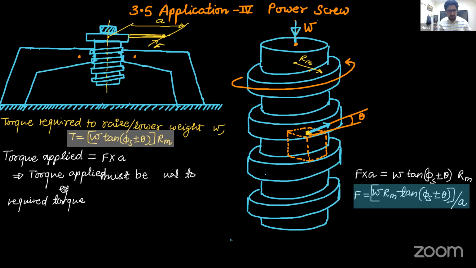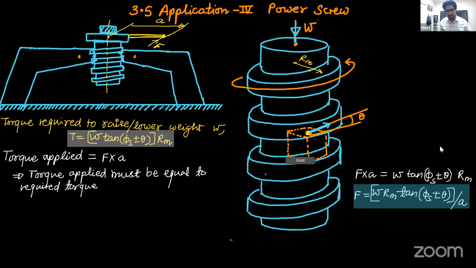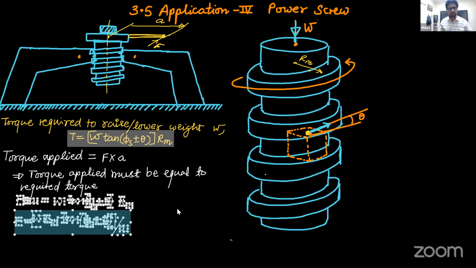Okay, torque applied must be equal to required torque. So once we say torque applied must be equal to required torque, we get this whole result for F.